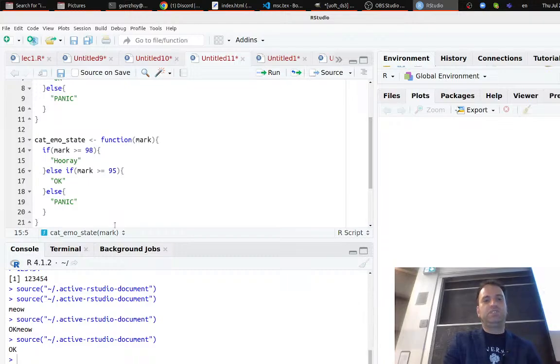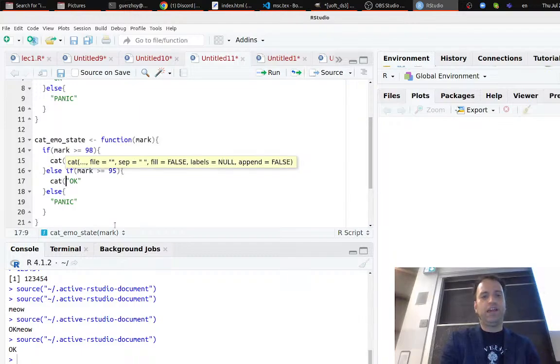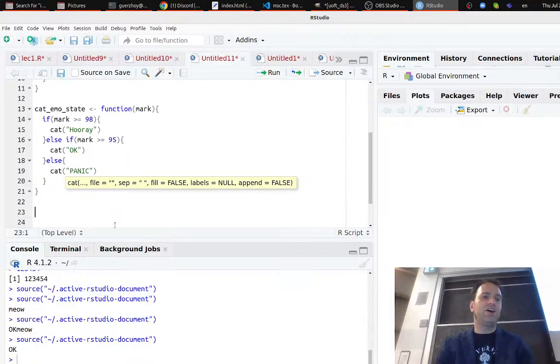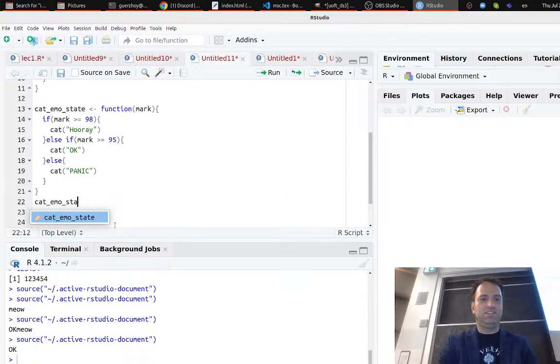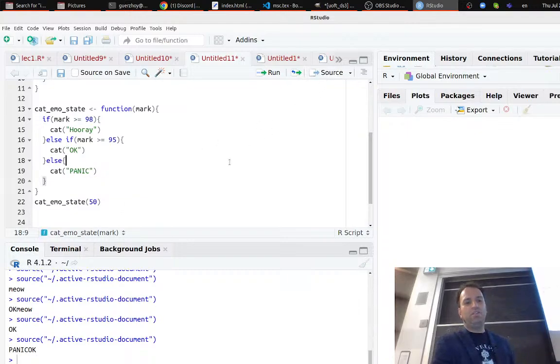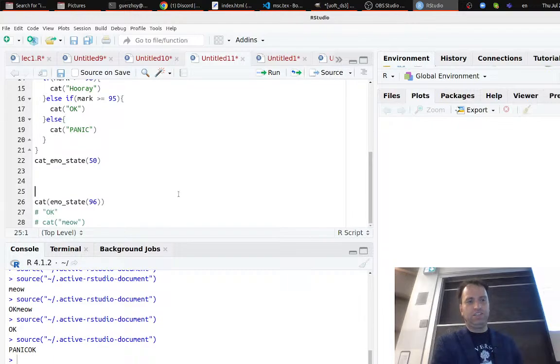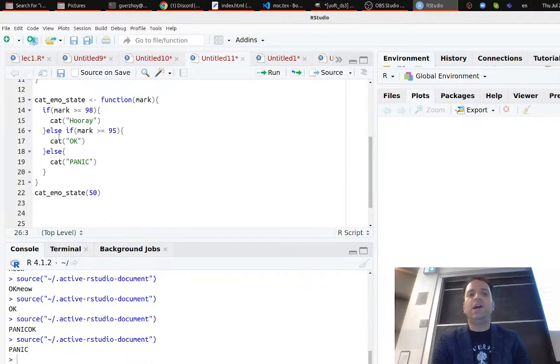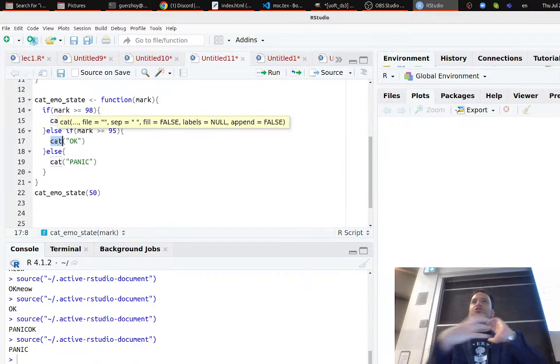And here instead of saying hooray, I'll say cat hooray, and here I'll say cat okay, and here I'll say cat panic. Now if I run this, I have an okay here too, so that will print panic. The reason is that when R sees cat, that's an instruction to print something.